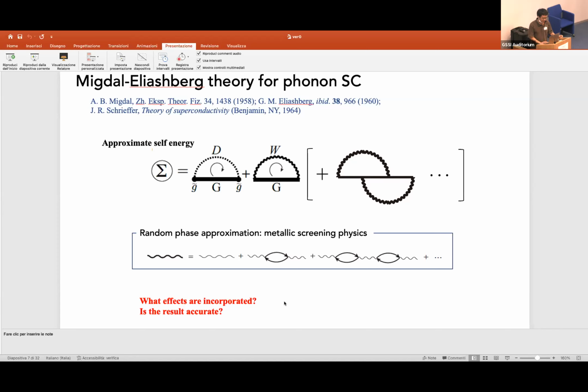So there's no justification why we can truncate the summation up to only the first order, but still it would be very informative if we can completely understand how the lowest order approximation behaves, for example, by considering the random phase approximation for the metallic screening. So that's the purpose of my study.